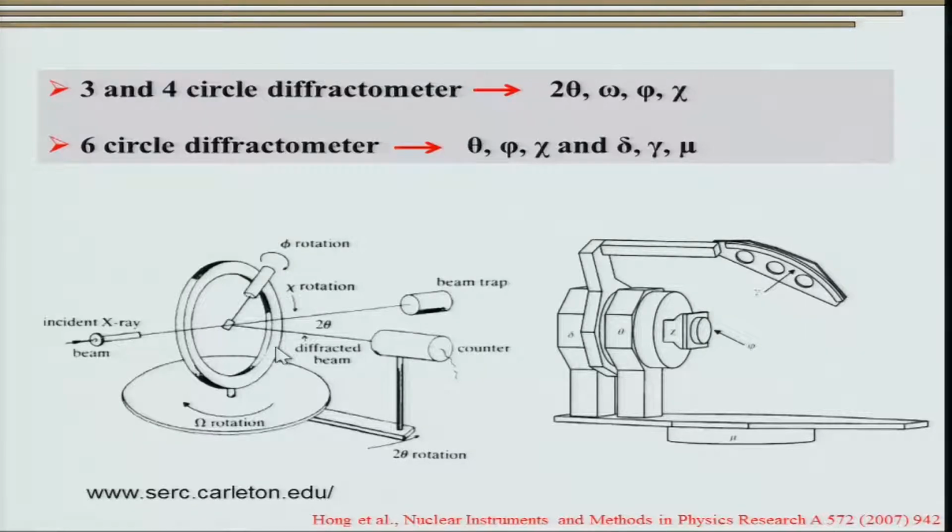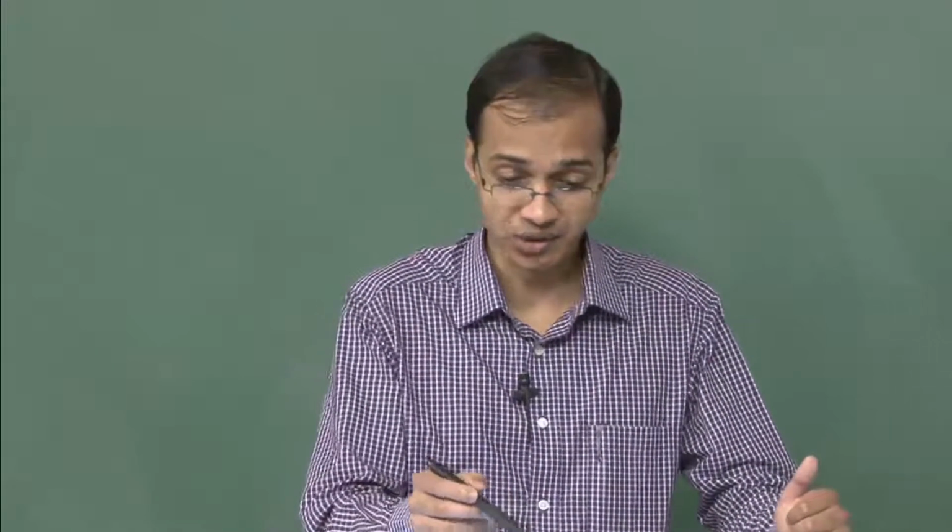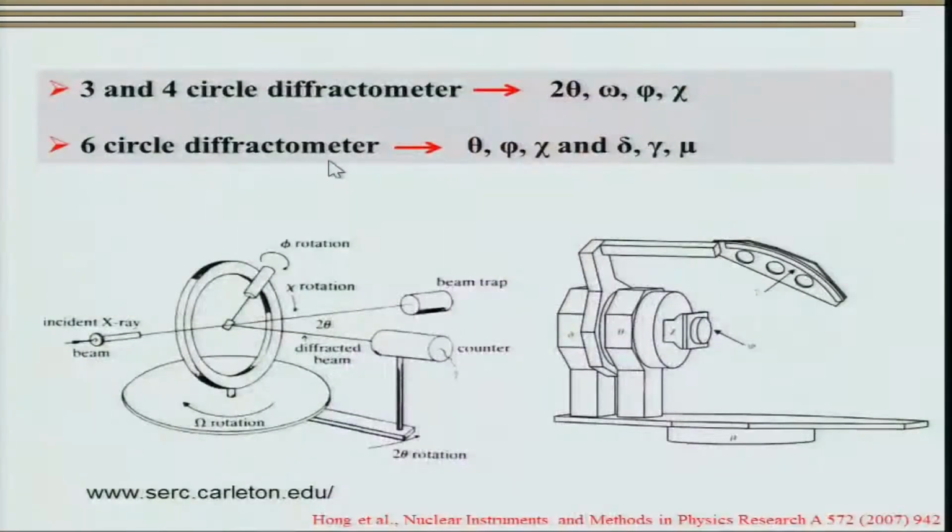Having said that, state of the art synchrotron sources, which we are going to talk about in the next few slides, and the neutron sources, which we are again going to talk about in the last class later, can use as complicated as 6-circle diffractometers, which comprise of theta, phi and chi for the sample, delta and gamma rotations for the detector, as well as the mu rotation for the entire assembly.